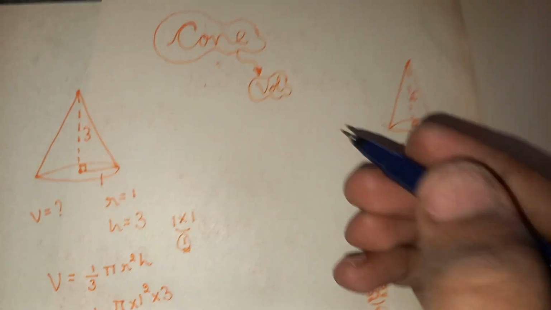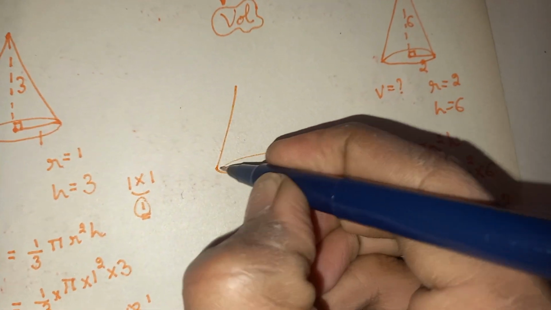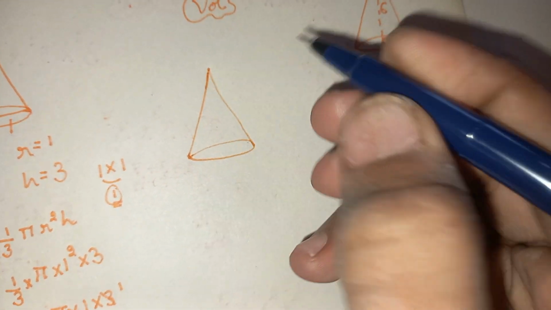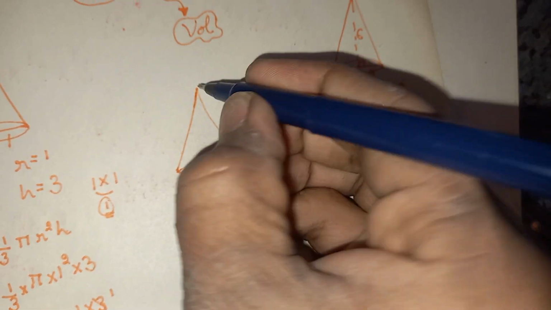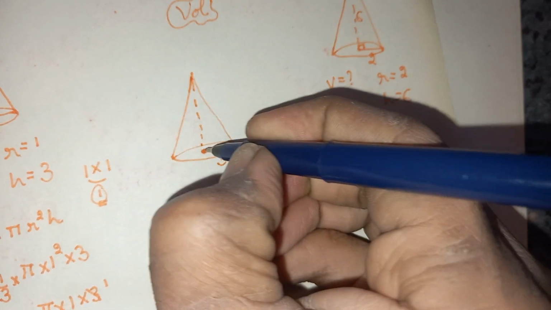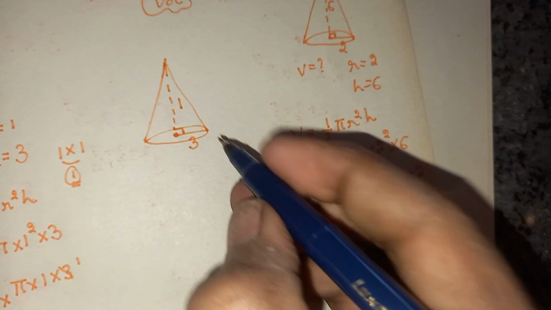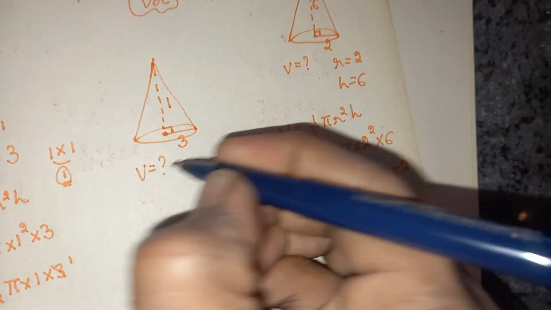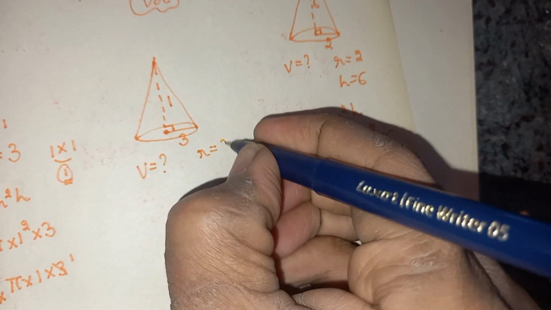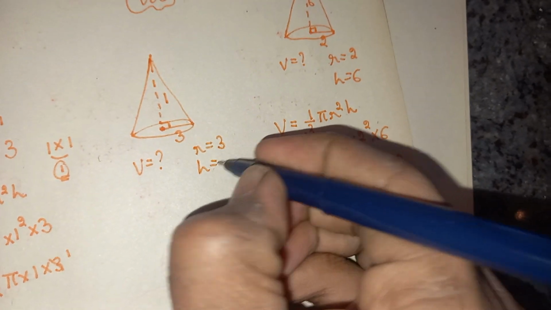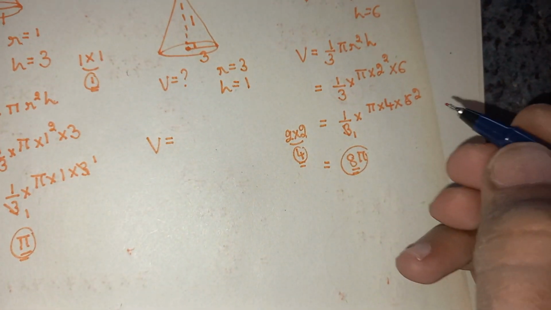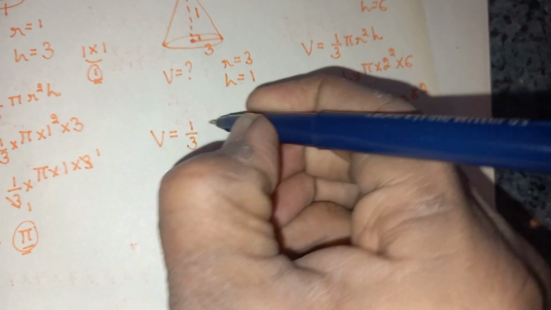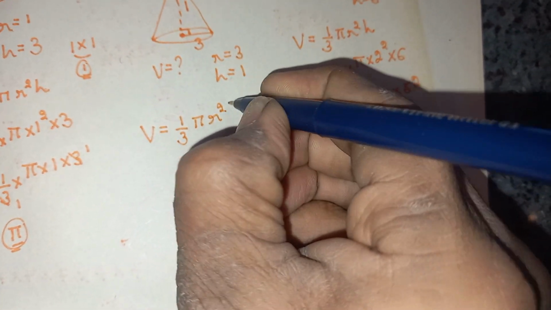Let's take another cone, and in this cone you can do the same way. They have given the radius as 3 units and the perpendicular height as just 1 unit. Here also you need to find out the volume. Volume of cone equals 1 by 3 times pi r square h.